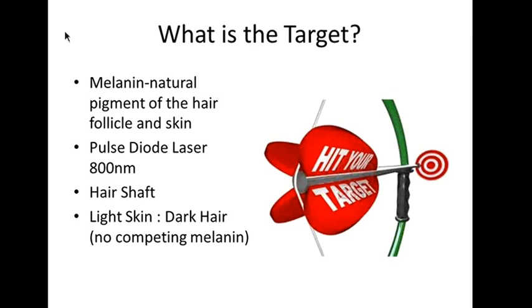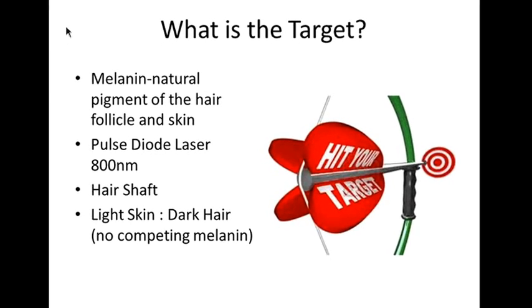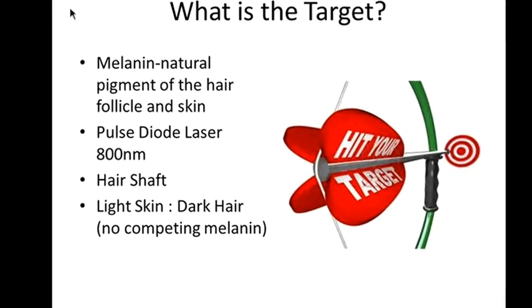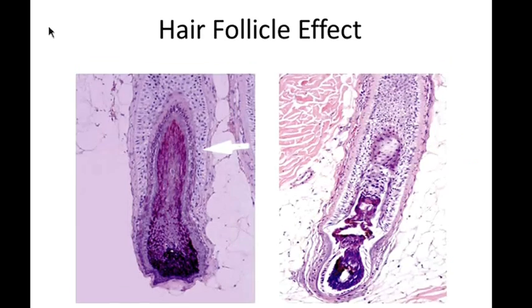And the client who is the best candidate for us is the individual who has light skin and dark hair. The less active pigment that we have in the skin, the less problems we're going to have with the irritation from the laser, and therefore we're not competing for the melanin, if you will. So that's actually fantastic.